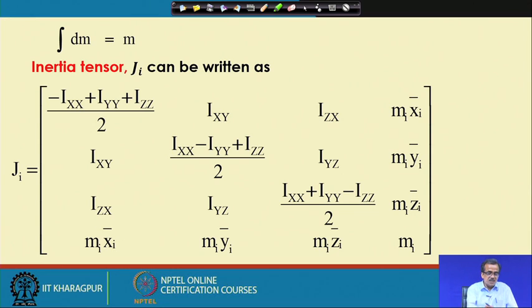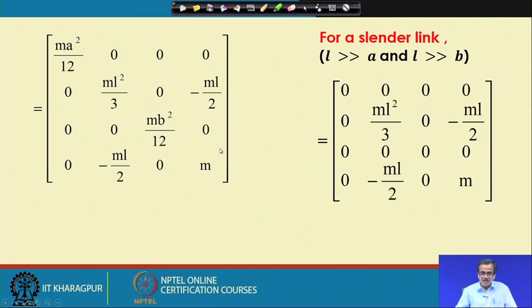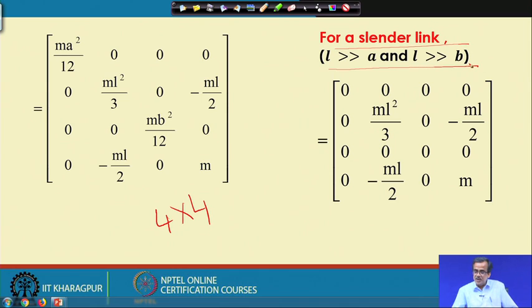Now, if I put in all the values of I x x, I y y, I z z and all such things, I will be getting this particular matrix, which is nothing but the 4 cross 4 inertia tensor for this rectangular link. Now, there is a concept of slender link, for which L is very large compared to a.